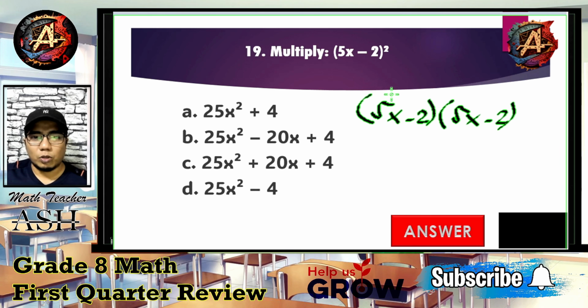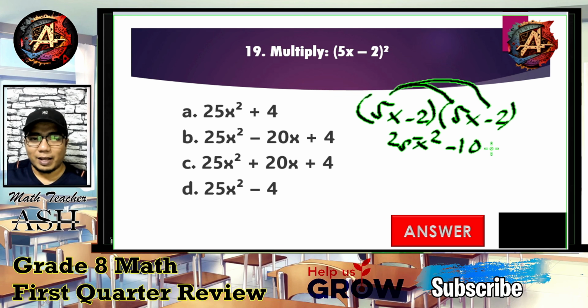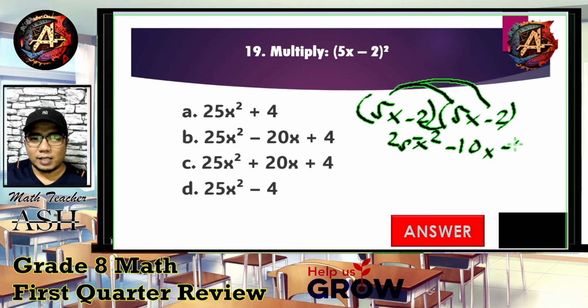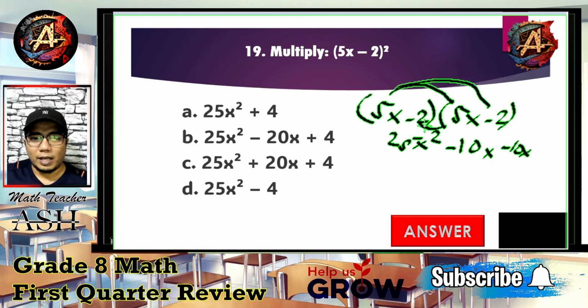In this scenario, you can apply the FOIL method. So that is 25x squared. And then you multiply this one, that would be negative 10x, because positive and negative. And then you have here negative 10x again. And lastly, negative 2 and negative 2, that would be positive 4.